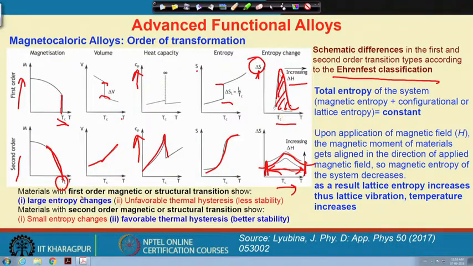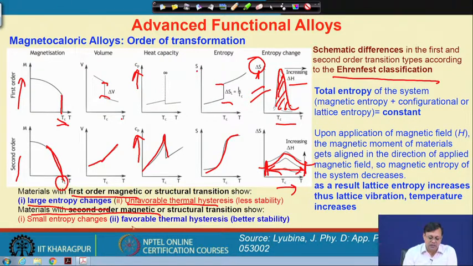So, for a first order transformation, magnetic or structural, there is an unfavorable thermal hysteresis or less stability, but a large entropy can be changed here, whereas in the case of a second order magnetic or structural transition, there is a favorable thermal hysteresis and better stability, but a smaller entropy change.